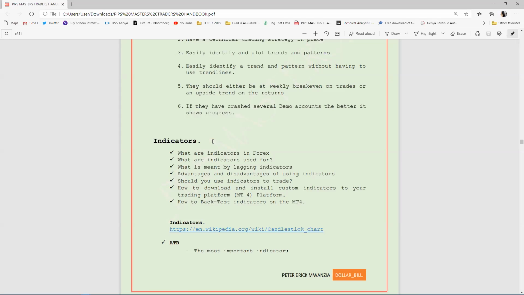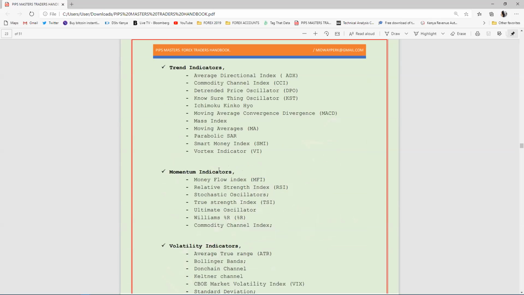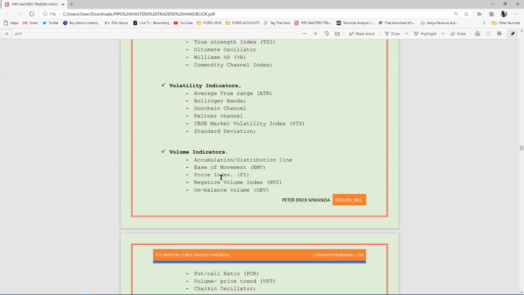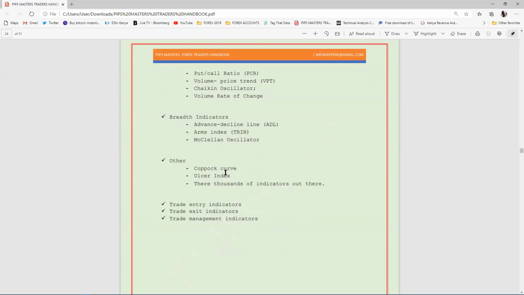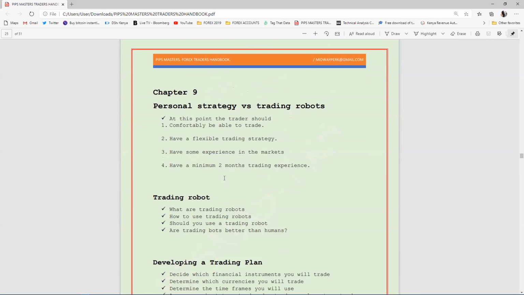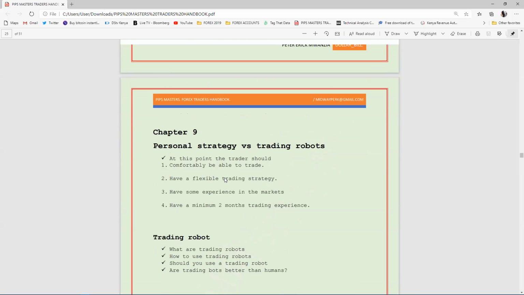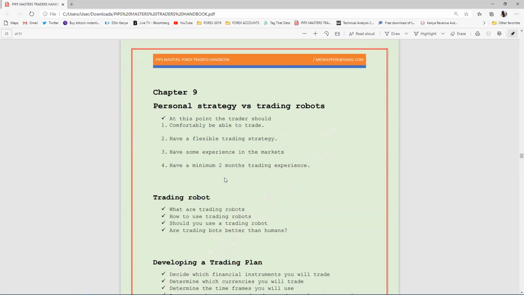But can you trade without using the indicators? Can you use price action, purely price action, to trade? Okay, that is very important. Can you do that? But you also need to be careful. You also need to understand how to plot the indicators. You also need to understand why we plot indicators.